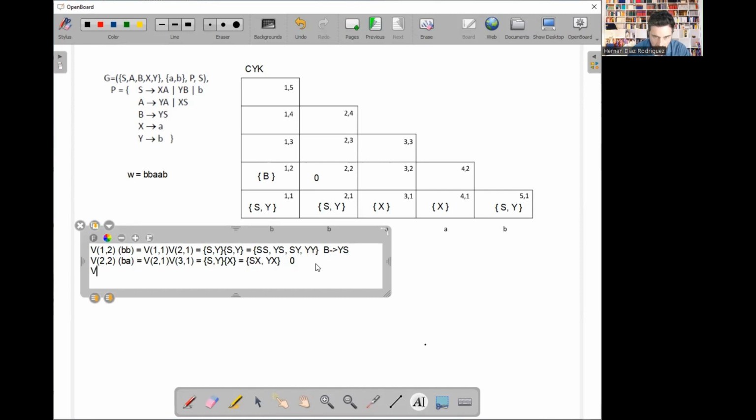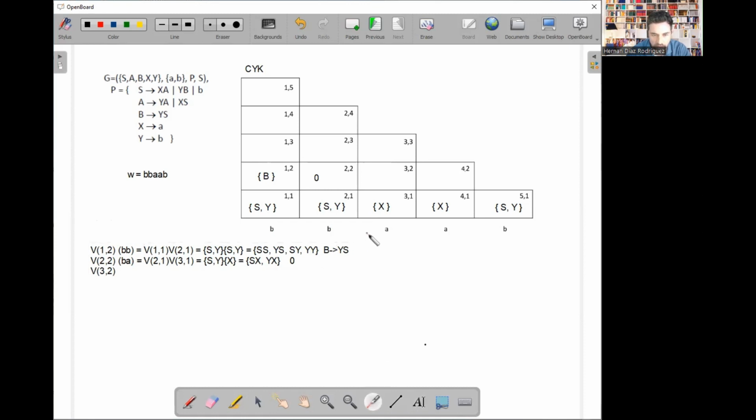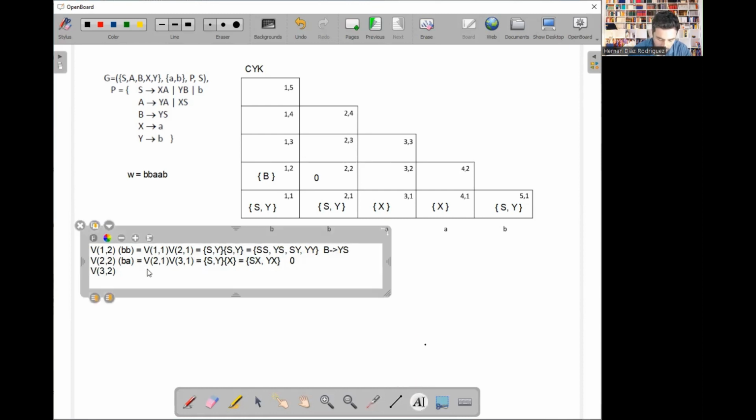We go to the next one, which is the one that is in the position 3, 2. We go to the word, and in the position 3, we take 2 characters, which is lowercase a and lowercase a. And here we have to combine what is in the position 3 taking 1 character and what is in the position 4 taking 1 character.